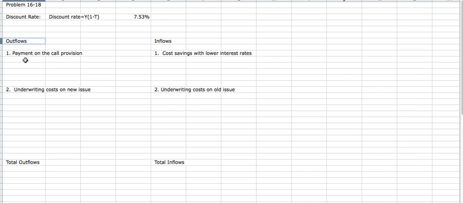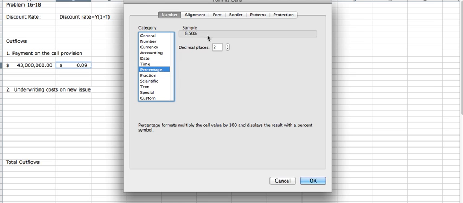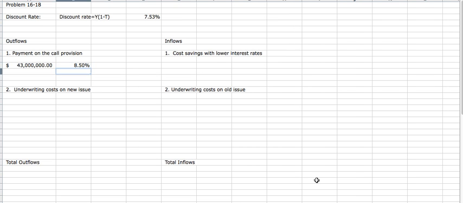So the payment on the call provision would be $43 million, which is the outstanding amount of the bond, and our call premium rate is 0.085, which is 9% minus 0.5% because it has been called within 7 years.